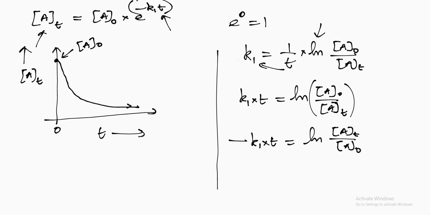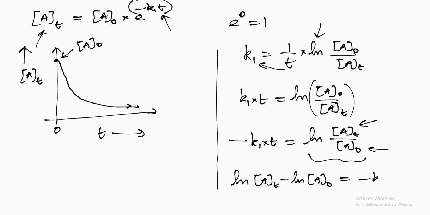We have taken the reciprocal. Or see the left hand side, we have log A by B. Log A by B can be written as log A minus log B, logarithmic rule. So we can write this as ln At minus ln A naught equal to minus K1 into t.